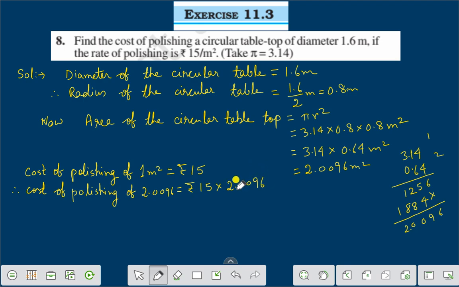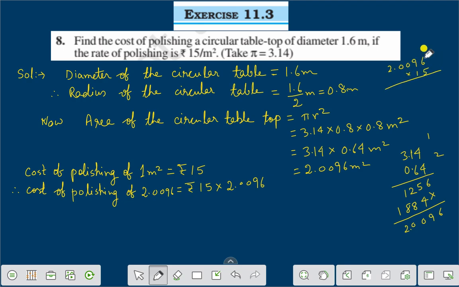Now if you multiply 2.0096 with 15, what you get, you see. Let us multiply this one. The value is 2.0096. If you multiply with 15, 1, 5.